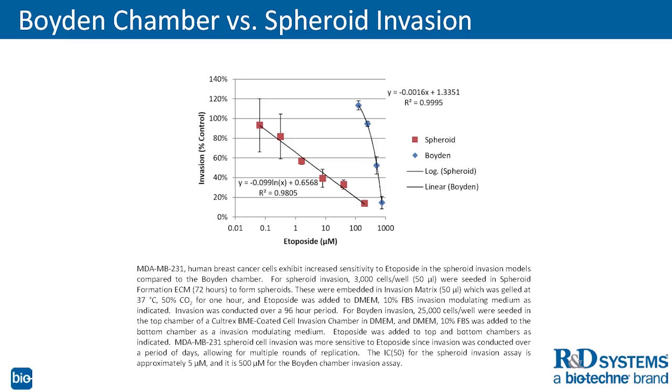Next, we see a Boyden chamber versus a spheroid invasion. So the Boyden chamber is in the blue, and the spheroid invasion is in the red.